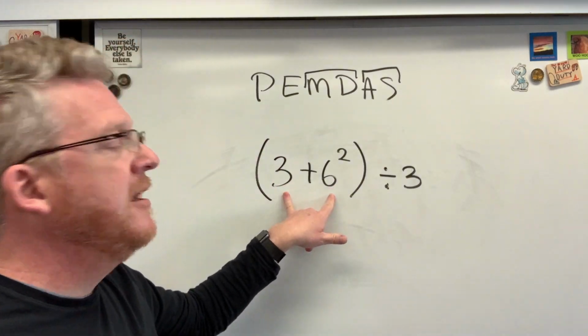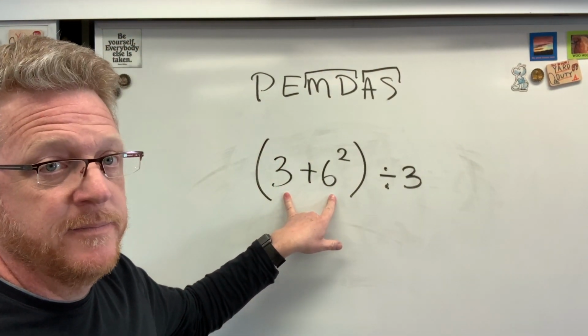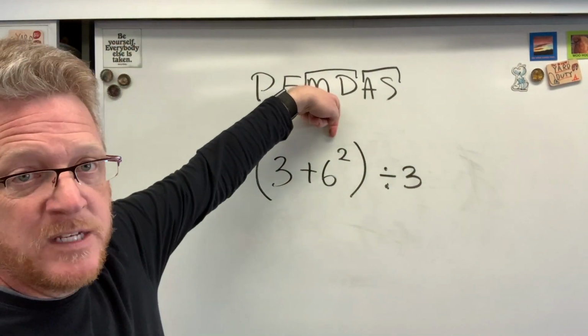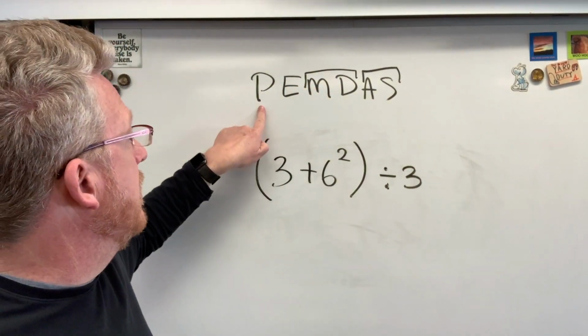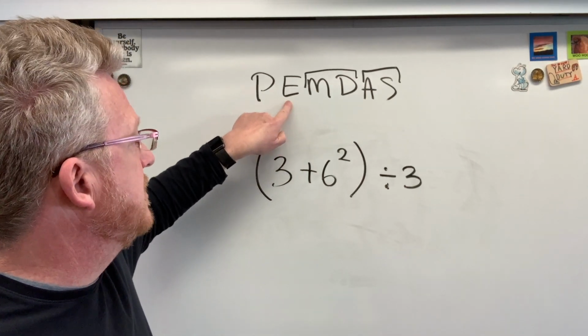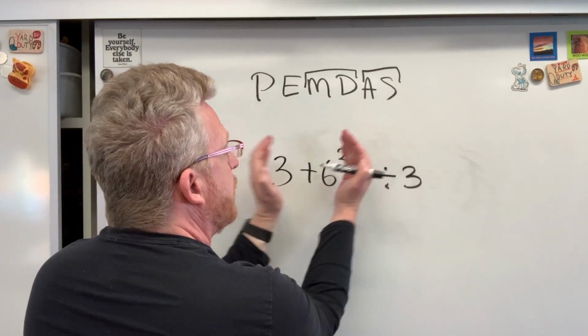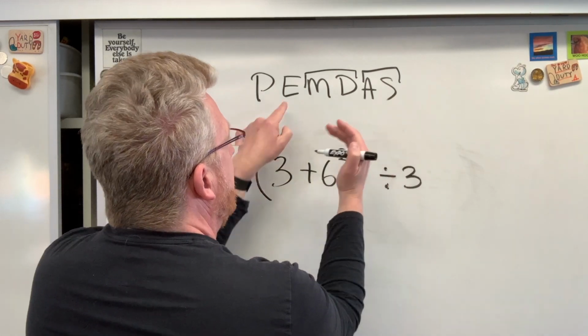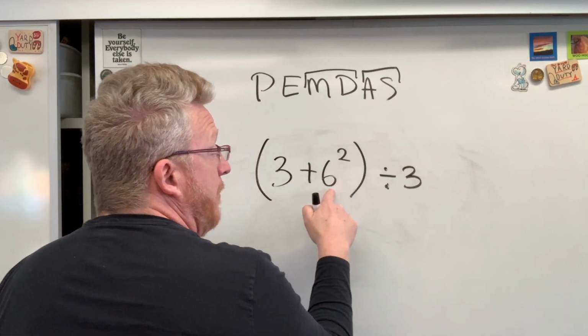What is the thing that has to happen first? I hope you said that we have to do the part about exponents, because that's up here next on our list. There's no parentheses inside the parentheses. We've just got this set of brackets. But next is exponents. We have to do that part first.